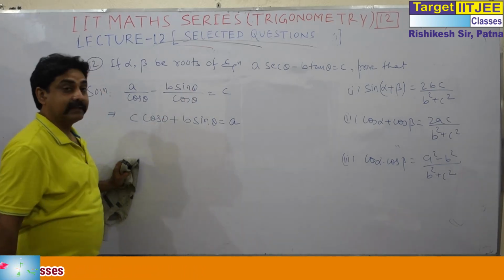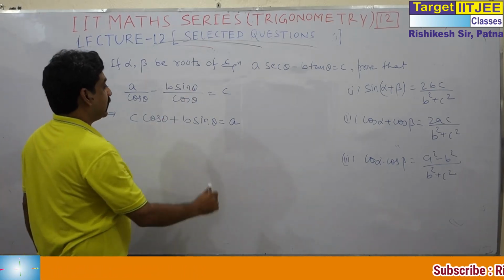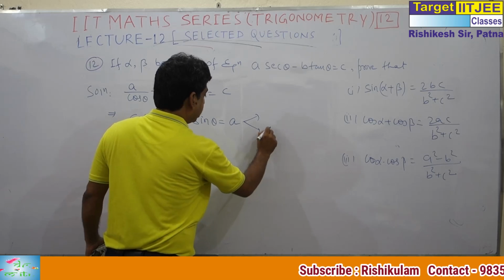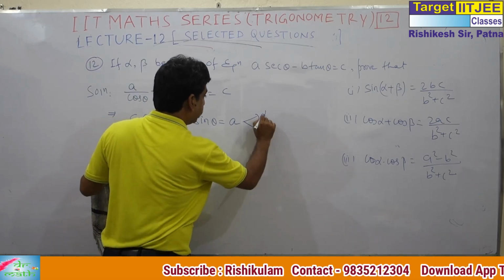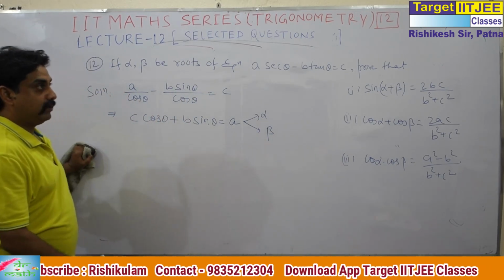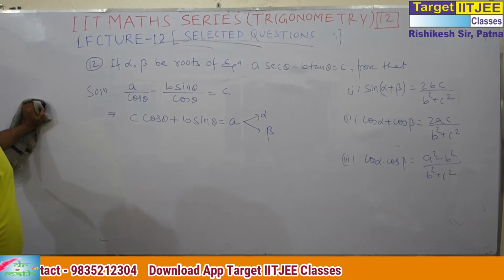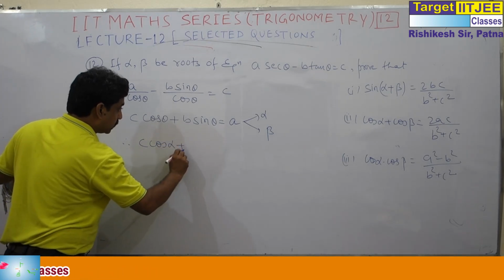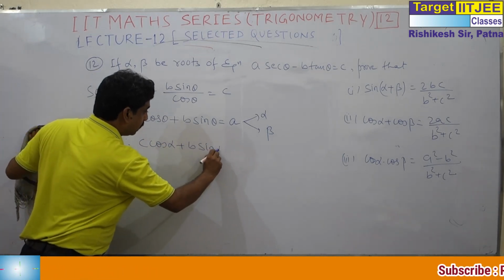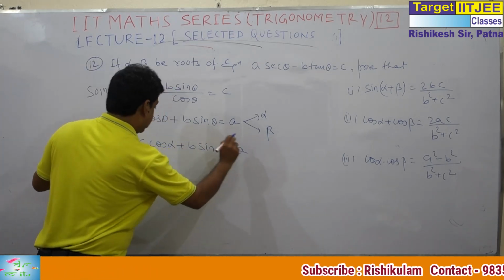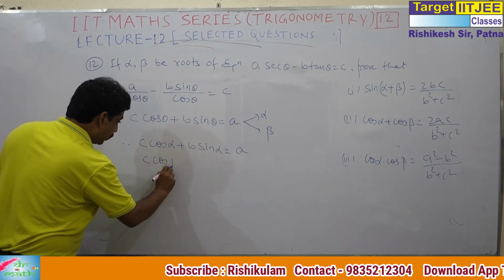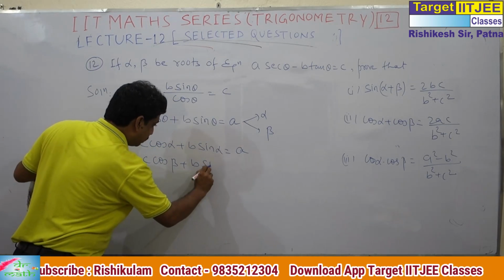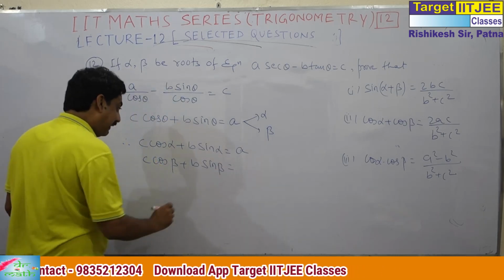Its roots are alpha and beta. Now, as you do in multiple angle, probably the second video of multiple angle, this will be c cos alpha plus b sin alpha is equal to a, and c cos beta plus b sin beta is equal to a.